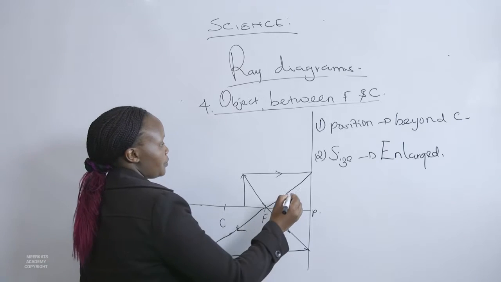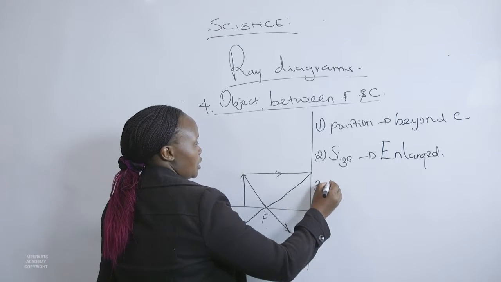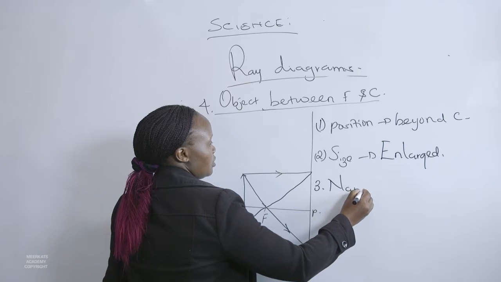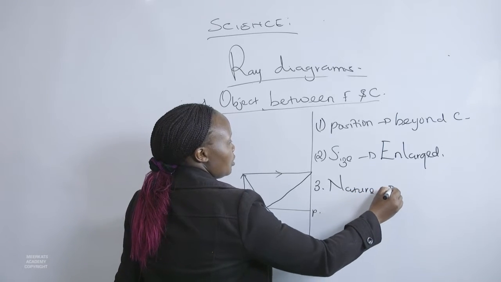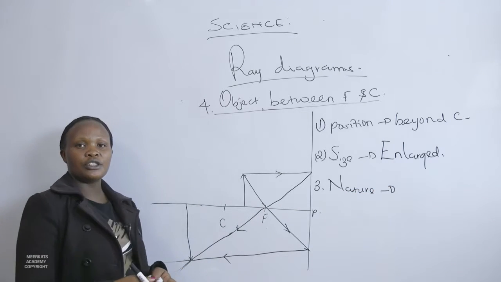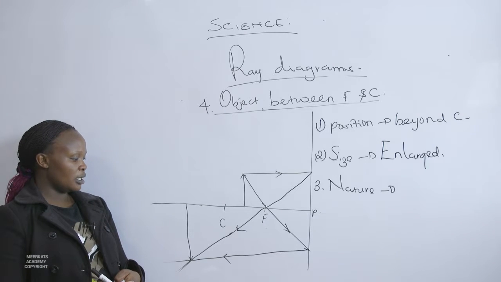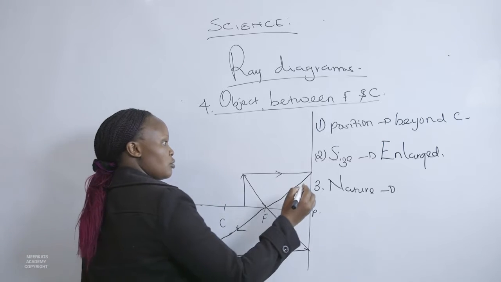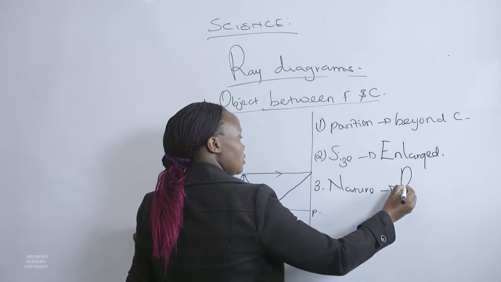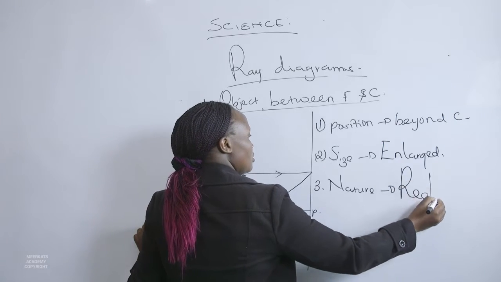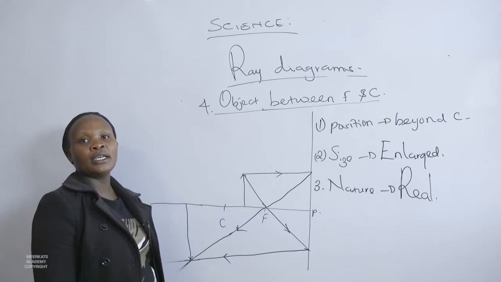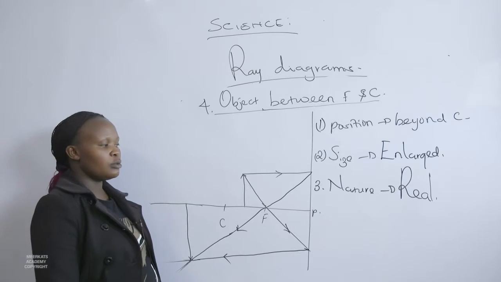Number three is the nature of the image. And the nature of the image, what we can see is that the image is actually real. And finally, we can talk about the posture.